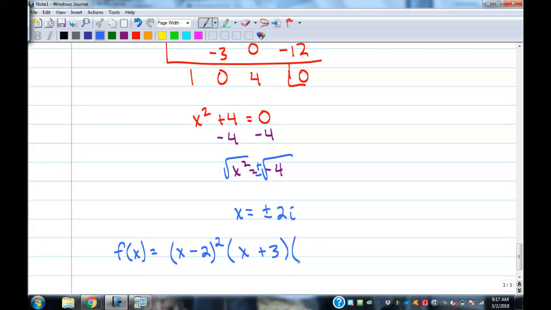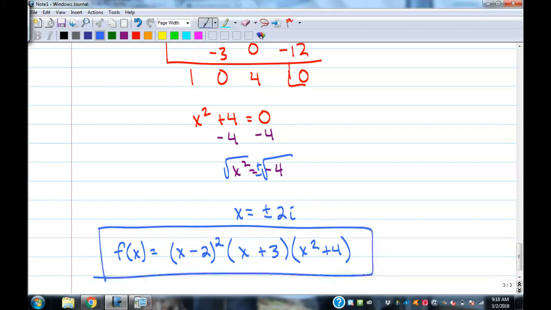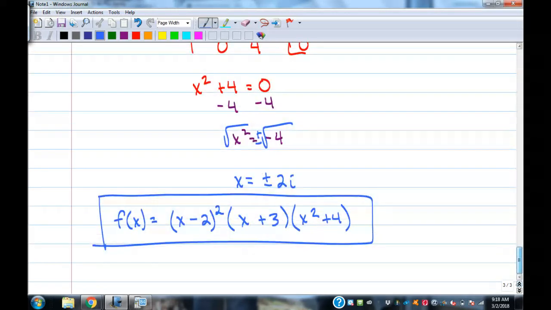Now, the complex ones here, we're going to go back to the quadratic they came from, which was x squared plus 4. I don't guess it would be completely wrong to do this, but it's not very common to see that at all. Yes, sir.